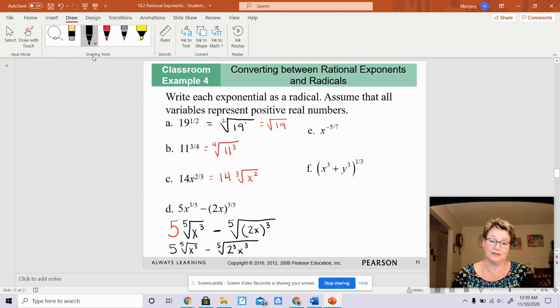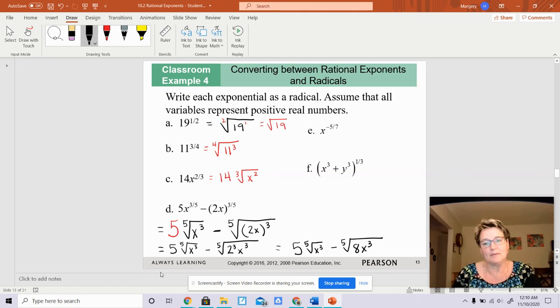If you want to, you could do that. You can even go further and it would be 5 times the 5th root of x cubed minus the 5th root of 8x to the 3rd. So those are all correct answers. They all equal each other. All right, so it just depends on how far the answers are going.